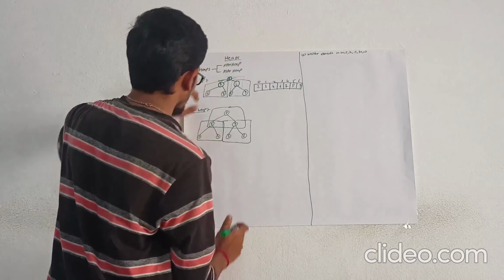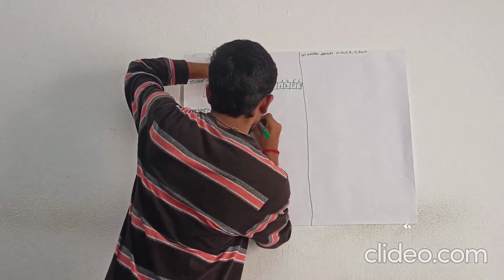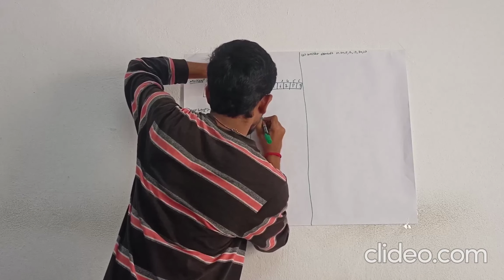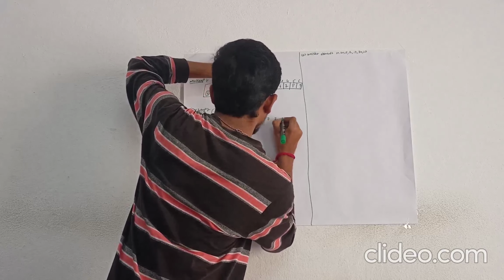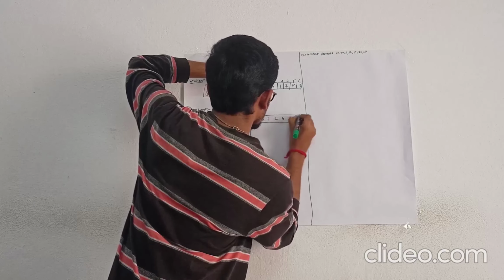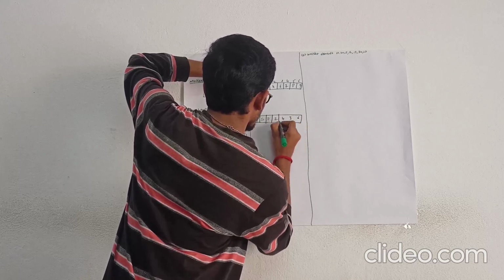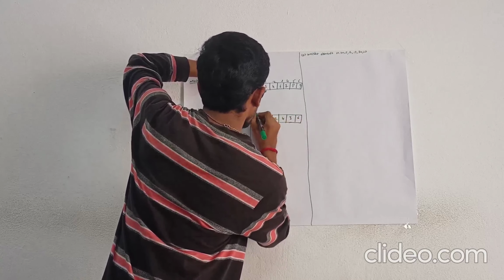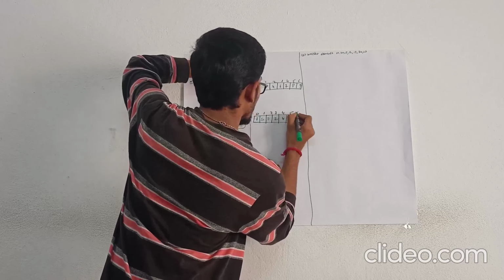The memory representation of this max-heap example is this. So this is the memory representation of max-heap using arrays.